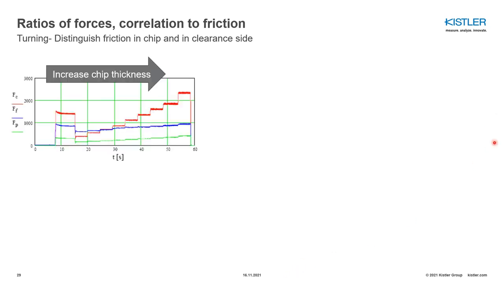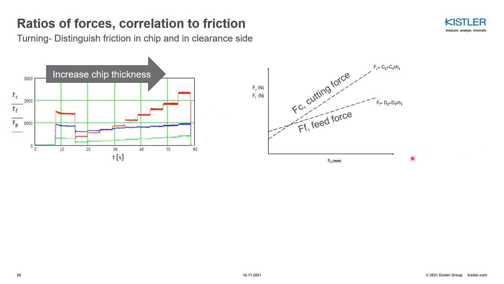What can be done is that the chip thickness can be increased during the turning operation. So you start with a warm-up of around 10 seconds, then you decrease your chip thickness to very low values, and then step by step increase to high levels. The reason is that we would like to plot cutting force and feed force against the chip thickness.